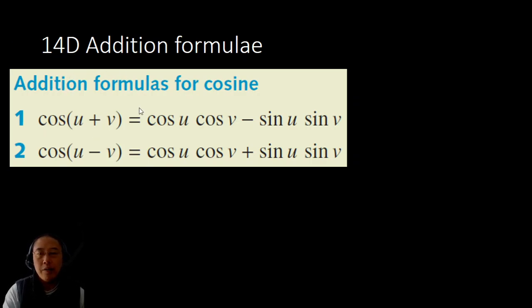We'll start with cos, and do the same similarly with sine and tangent. It's when you have cos of the sum of two angles or a difference of two angles.